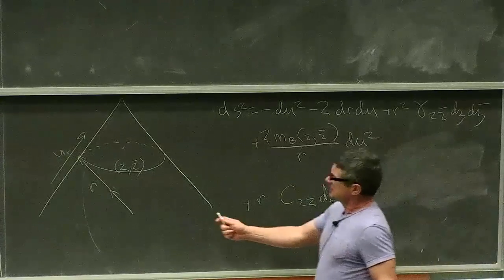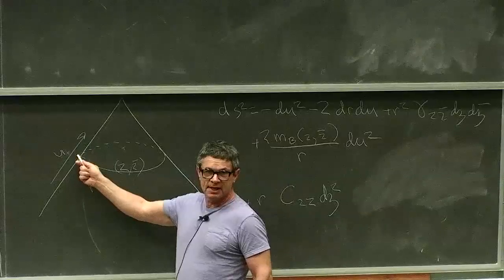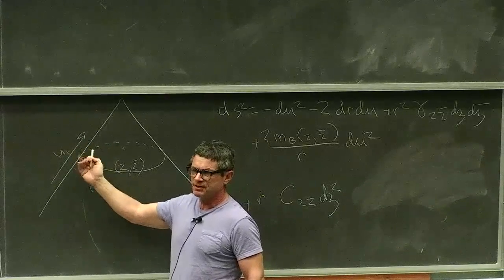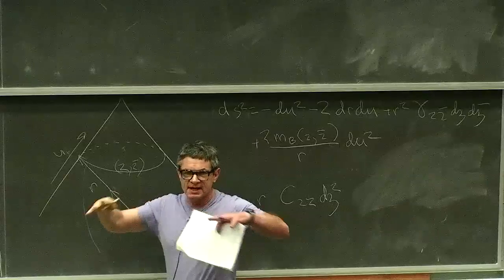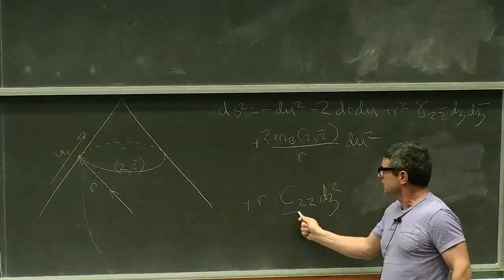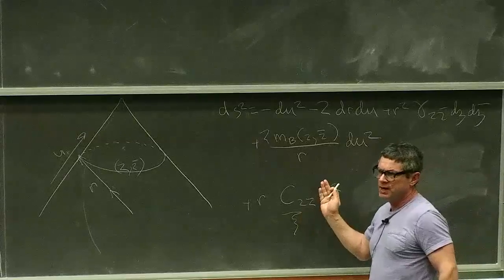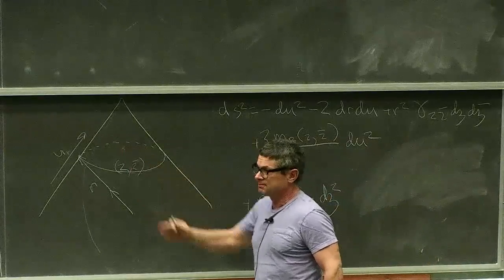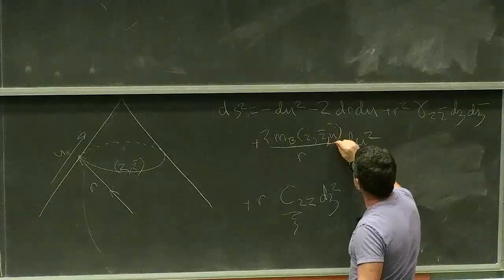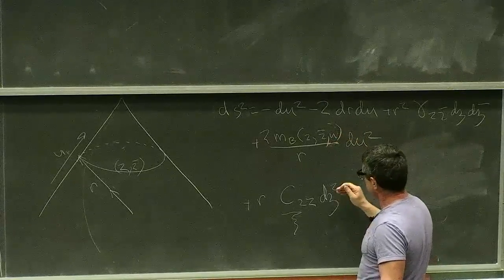So if we imagine, say, a graviton coming out here with some transverse polarization, the transverse polarization vector will be tangent to the sphere. And so these terms are very important when you have gravitons going up to Scri plus. And sorry, the Bondi mass, of course, can also depend on the retarded time u.